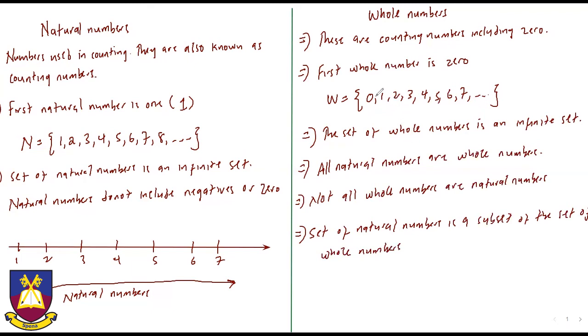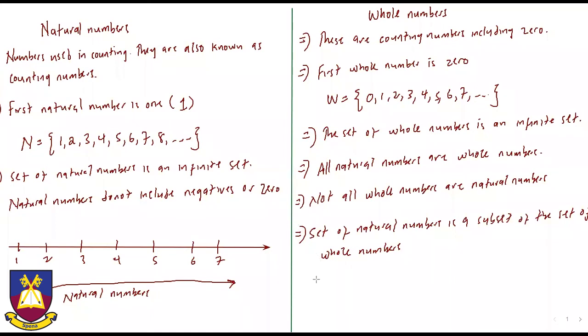You can see that all the natural numbers are also whole numbers, meaning all elements in the set of natural numbers can also be found in the set of whole numbers. That means that the set of natural numbers is a subset of the set of whole numbers.